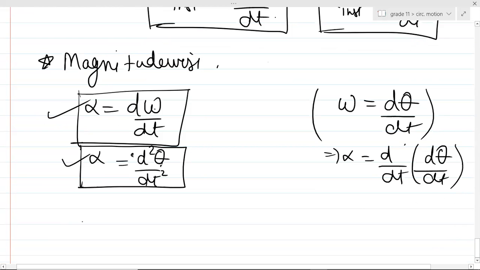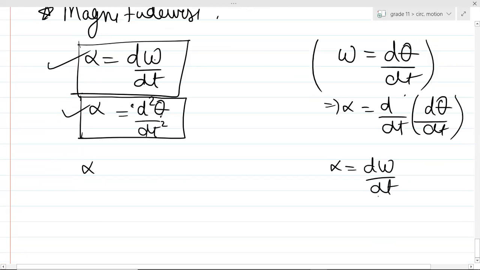And I can give you one more formula for alpha. Do you remember alpha can be written as d omega by dt? So I can write this as d omega by d theta multiplied by d theta by dt. Can I write it like this? d theta and d theta will get cancelled out, so alpha is omega d omega by d theta.